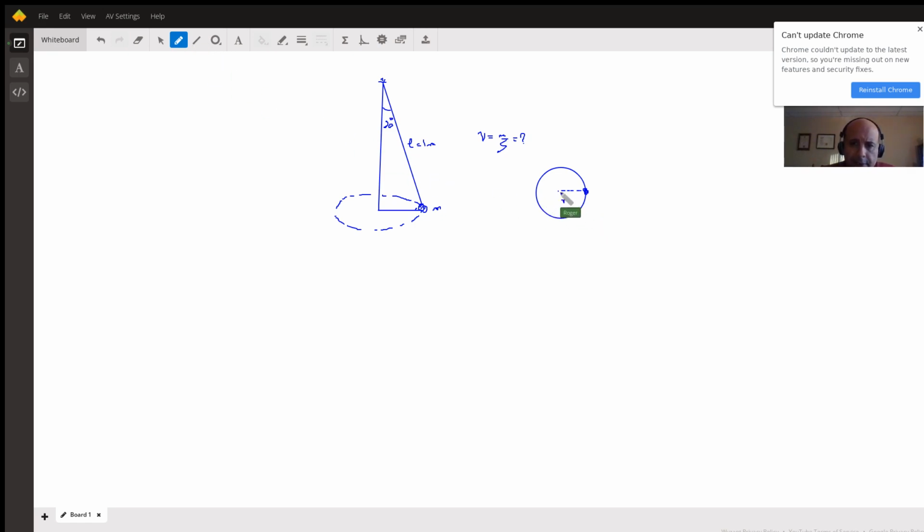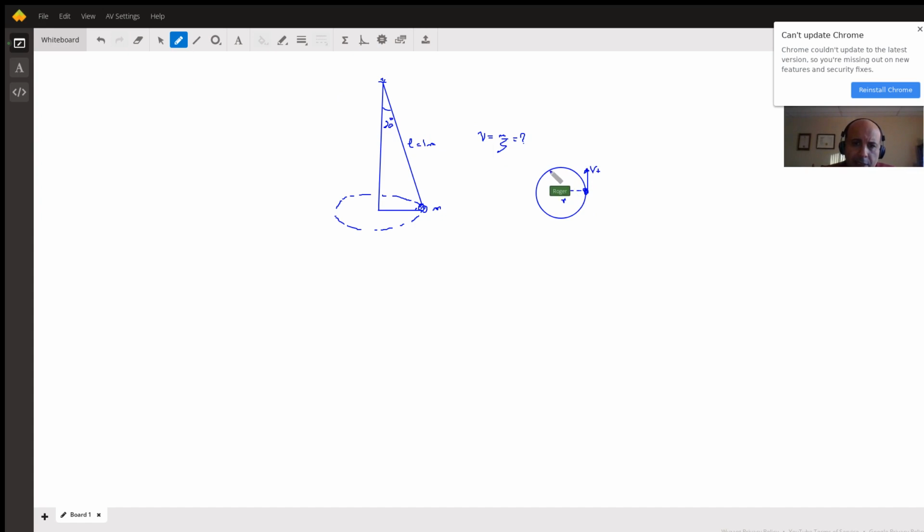Okay, and you're asked to find the tangential velocity of this, which means the ball will have a velocity heading in that direction. This is called v tangential.